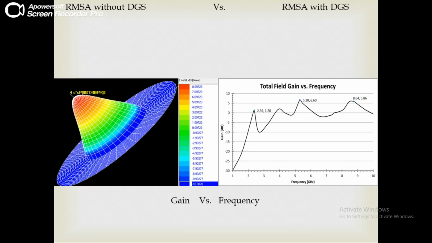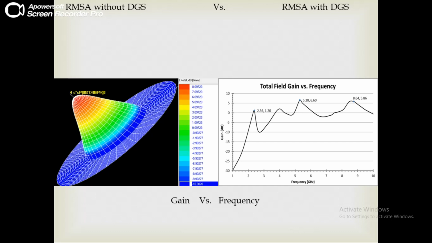Next, this is the comparison of gain versus frequency for the two types of RMSA. Here we can see there is a trade-off between the gain and the number of bands we achieve.